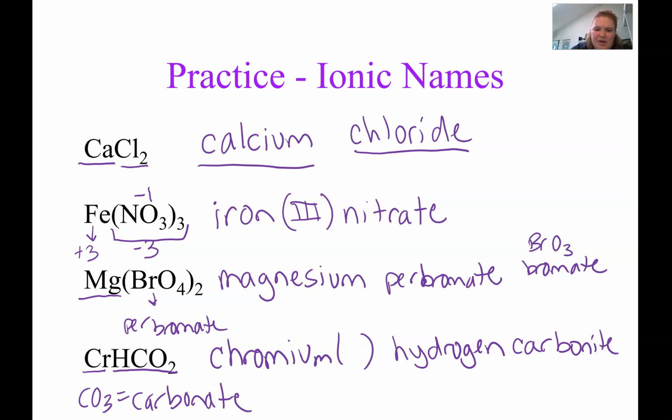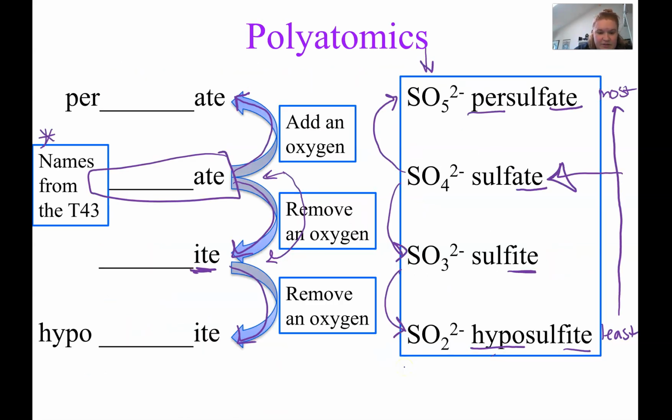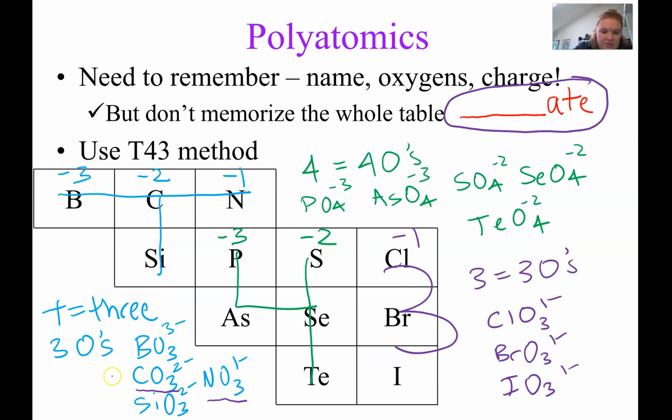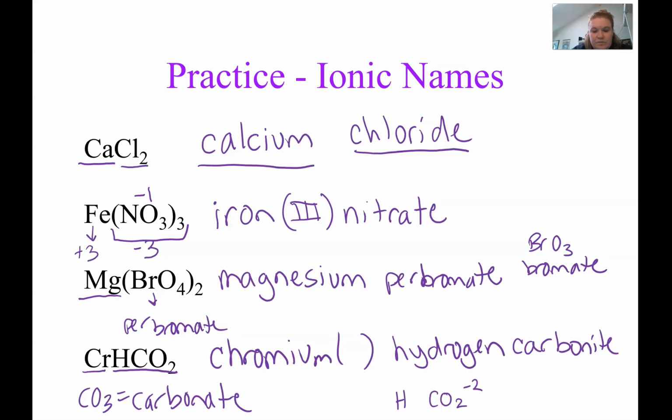So then we have to talk about what charge goes into those parentheses. CO2 is a 2-, and I know this from right here. CO3 is a 2-, so that means CO2 is also a 2-. Hydrogen's a 1+, so we put those together, and they are a 1- altogether.